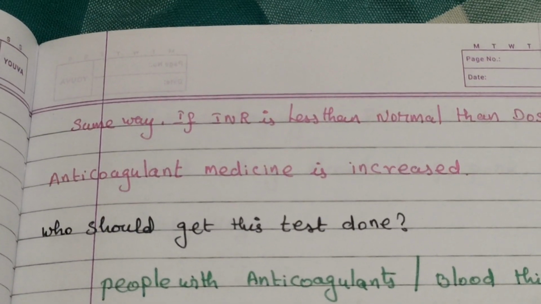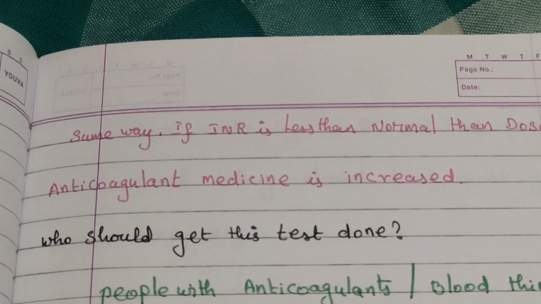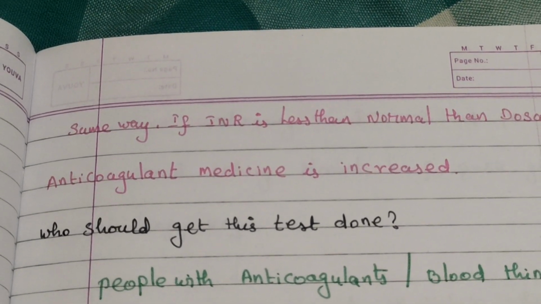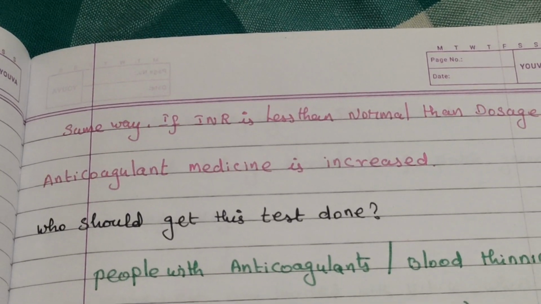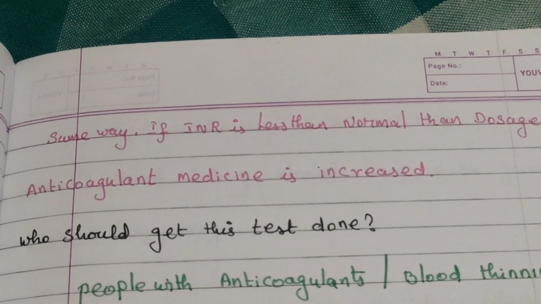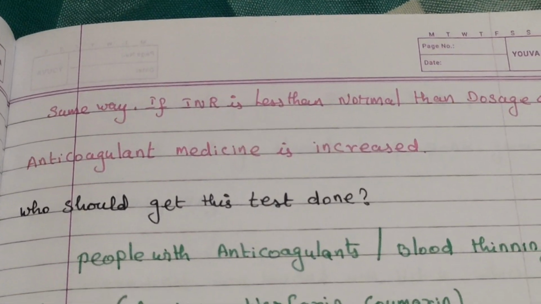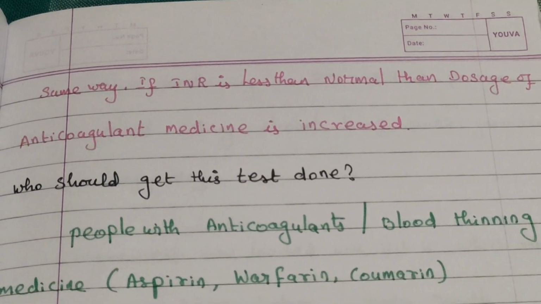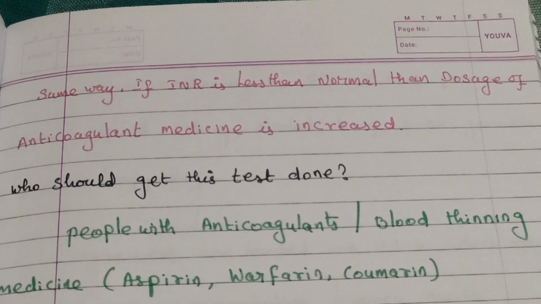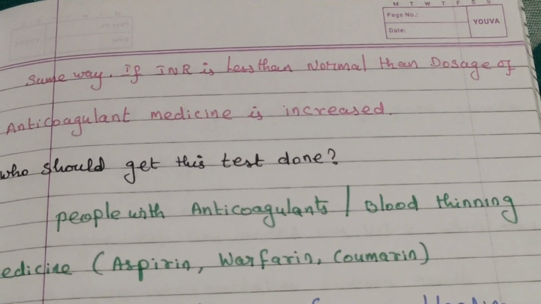So what is the main use of the INR value? The doctor can determine how the medicine is working and how effective it is in preventing blood clots. For a patient taking anticoagulant medicine, if the INR value is more than the normal value, then the person has a high risk of bleeding, so the dosage should be reduced.